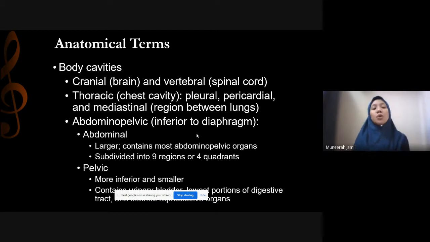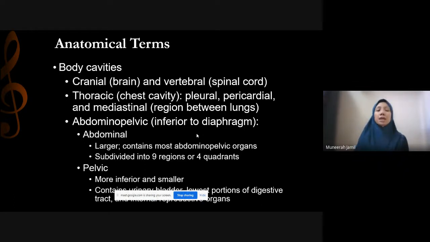Okay. Now, when you talk about thoracic cavity, thoracic cavity pula dia adalah chest cavity. Dekat dalam tu ada pleural, ada pericardial and mediastinal, where the pleural will capsulate the lung, pericardial will capsulate the heart, and the mediastinal is actually a region between two lungs, the right and left.